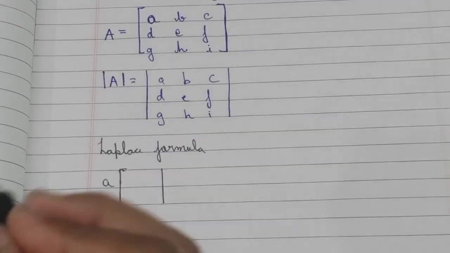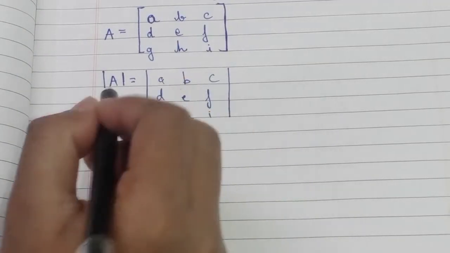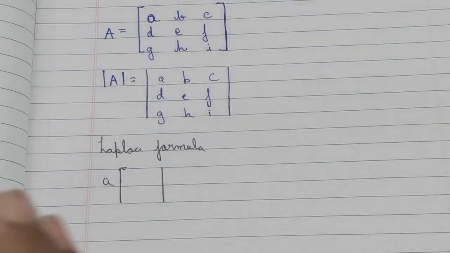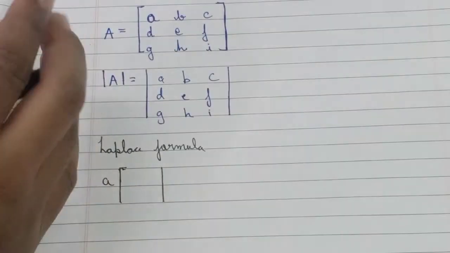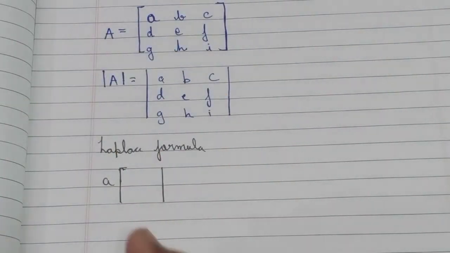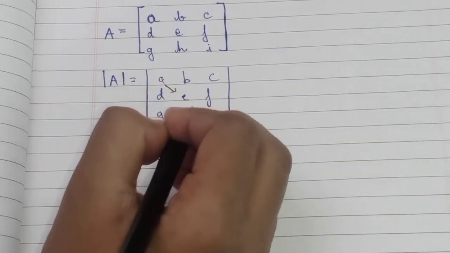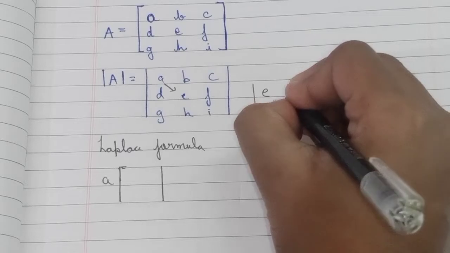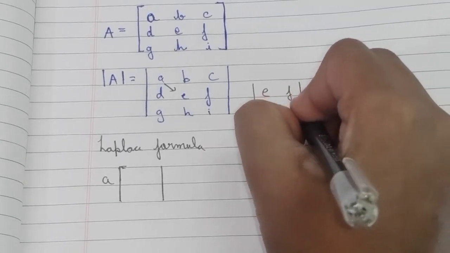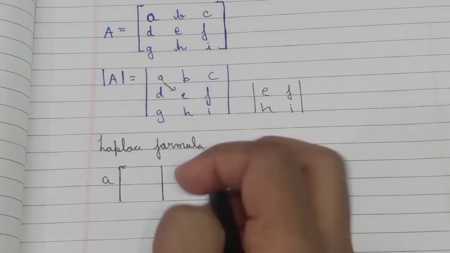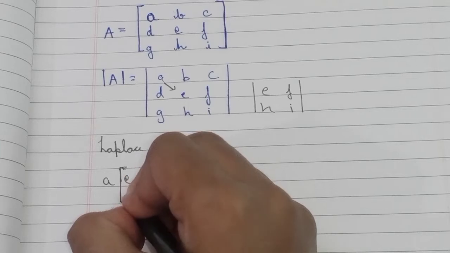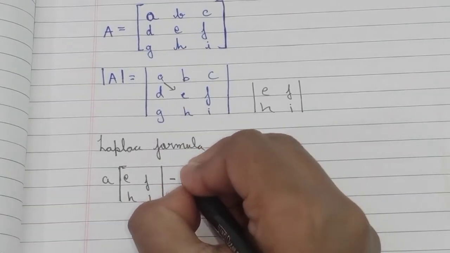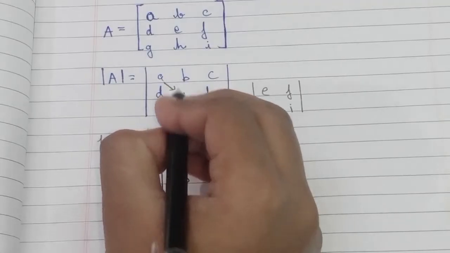If we form a matrix of 4 elements which are diagonally located towards a, that is e f h i. So we write here e f h i, like this, subtracted by b, the second element.